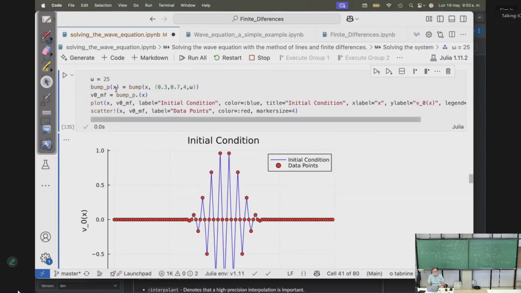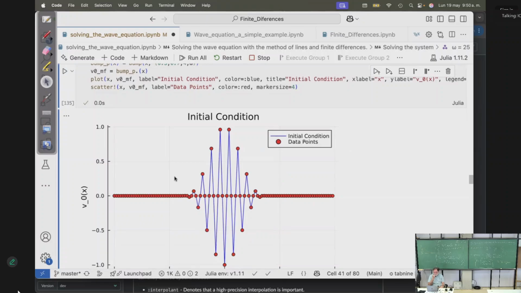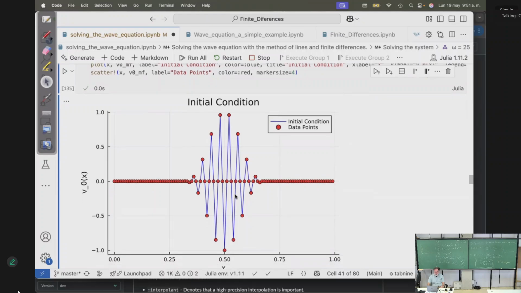We take omega equal to 25, and this is the initial condition then. These are the data points, and we see that there is a lot of oscillation which is not very well represented. But this is going to appear in the simulation because that corresponds to error. So you might think, okay, it's just some error, and then we evolve it.